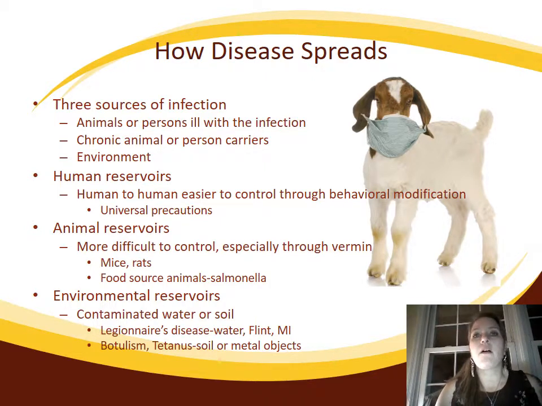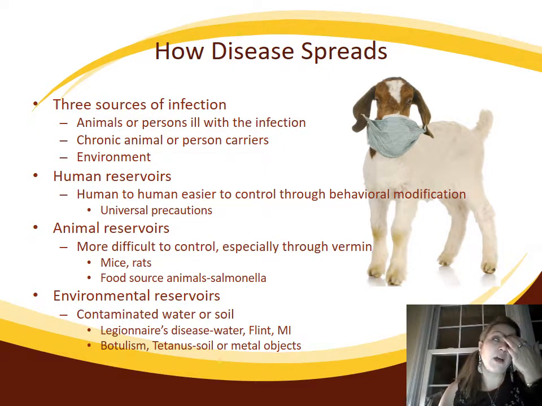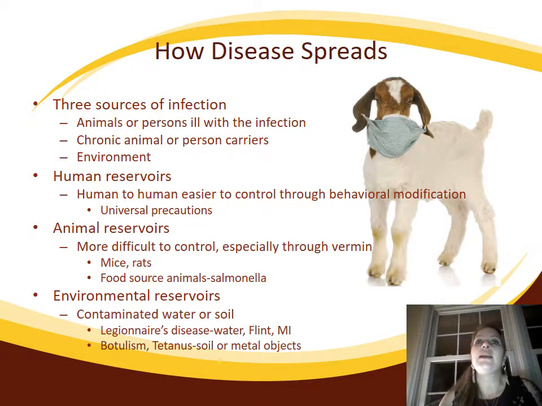People that are in the midst of an active infection are generally infectious, meaning that they're able to spread that particular illness. Then chronic animal or person carriers, meaning that the individual is carrying that particular contamination, but they're asymptomatic. So they may not even realize that they're carrying it. And then you can get environmental contamination.